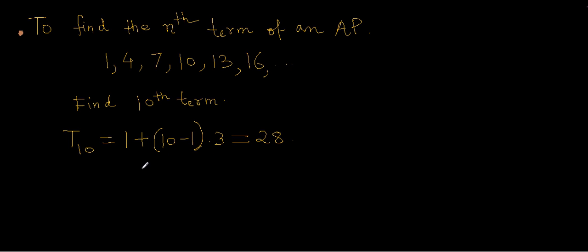But here we have used the formula, that is, T of n equals a plus (n minus 1) into d, where a is the first term, that is 1, n is equal to 10, and d is the common difference, that is 3, which is given by 4 minus 1 equals 3.